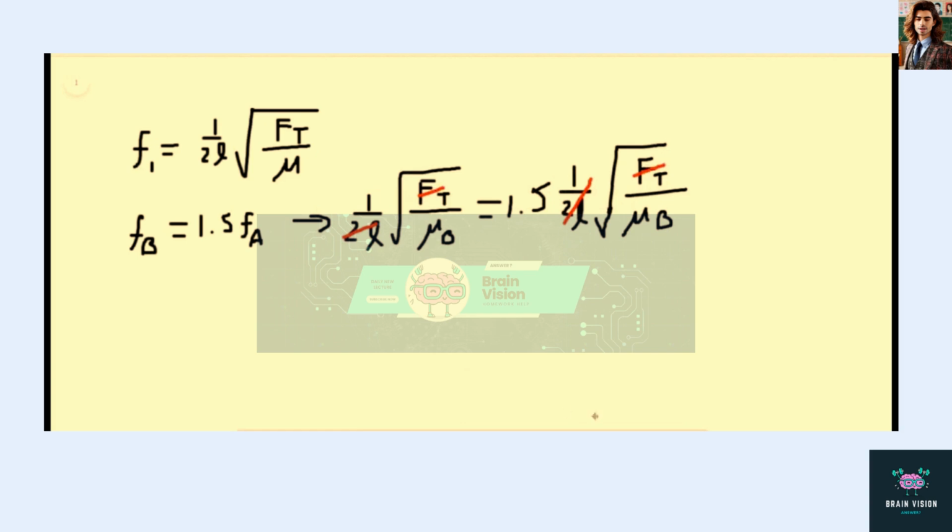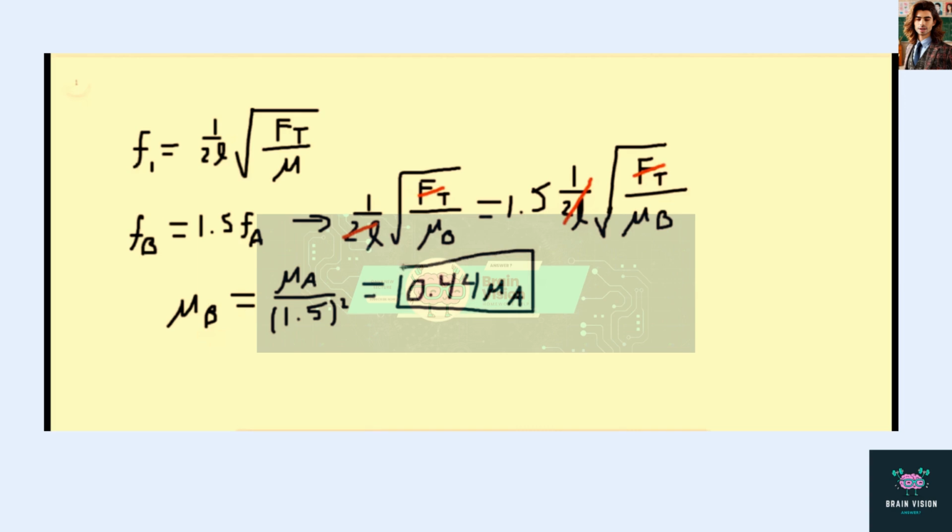So what we're left with is mu b equal to mu a divided by 1.5, squared, which equals 0.44 mu a. Okay, and box that in. So that's one of our solutions.